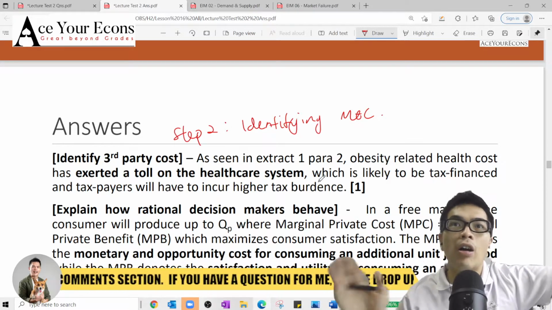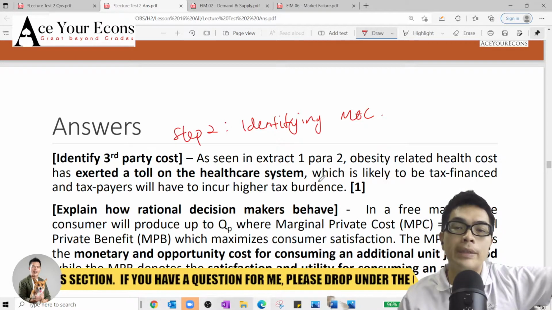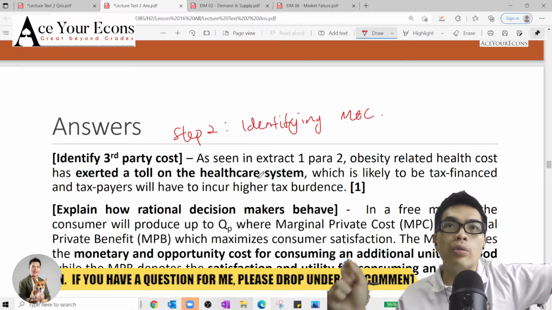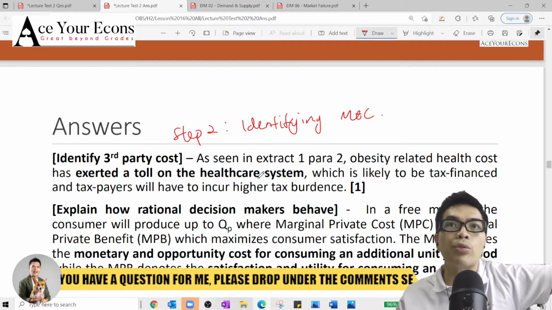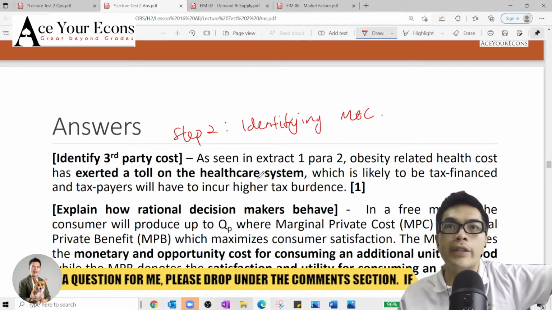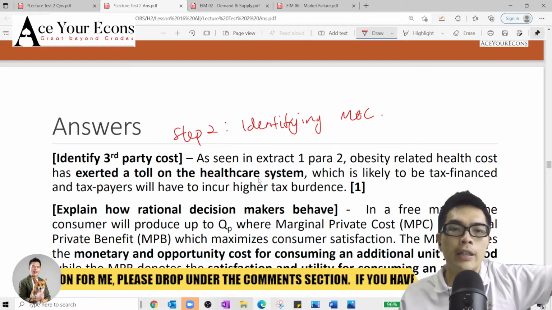I'm not saying that info failure doesn't work, but you have to assign priority. So this is a third-party cost, and you have to relate to a third party. The third party is who? Taxpayers, because as a result of people being obese and taking up hospital beds, taxpayers will incur higher tax burdens.